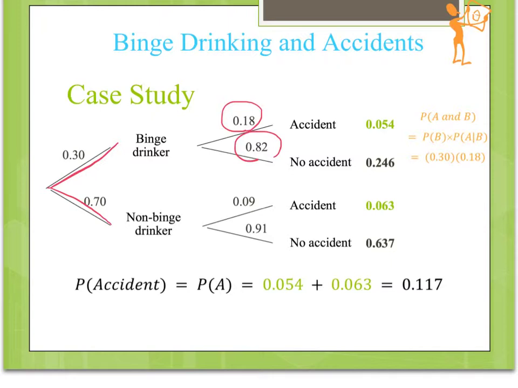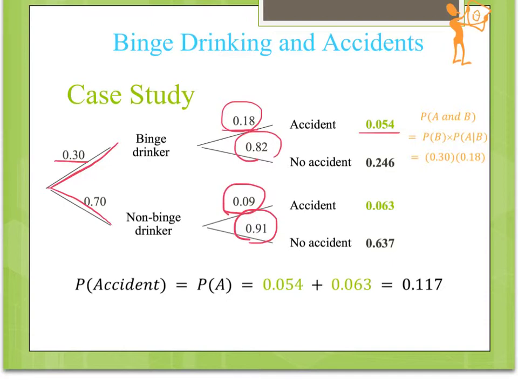Of the non-binge drinkers, 9% have had accidents and 91% have not. To figure out binge drinkers who've had an accident, we multiply 0.3 times 0.18 to get 0.054. That's the proportion of the entire population that are binge drinkers who have had accidents.